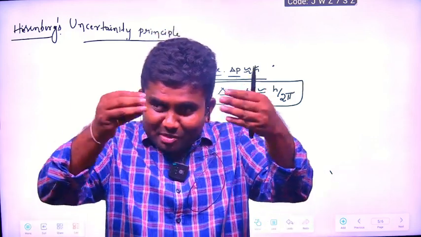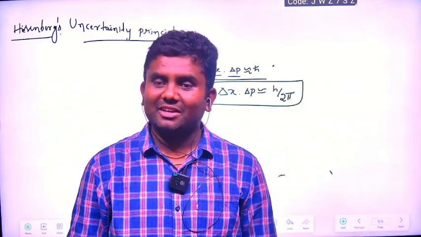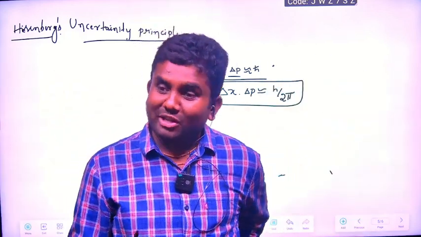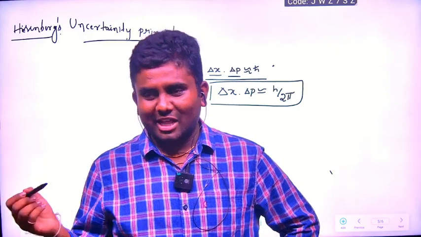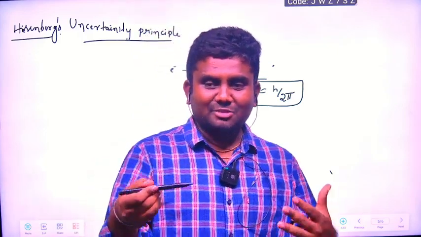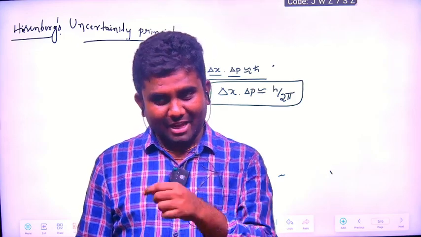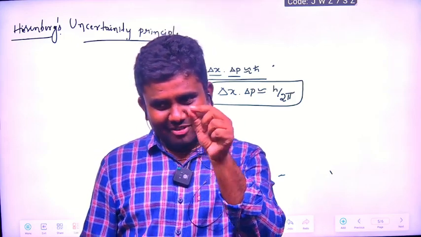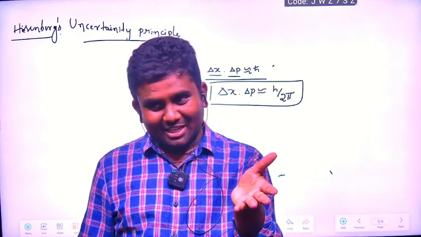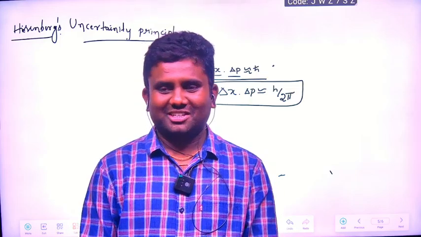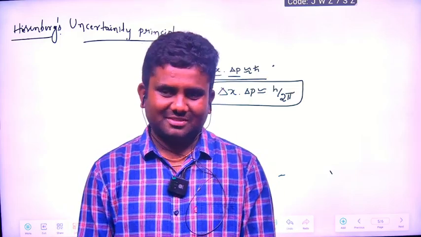Every body in nature has dual nature, wave nature also will be there, not only the electron. Because of the large size and mass they have, we see only particle nature, but every body has both particle nature and wave nature. That was the conclusion.